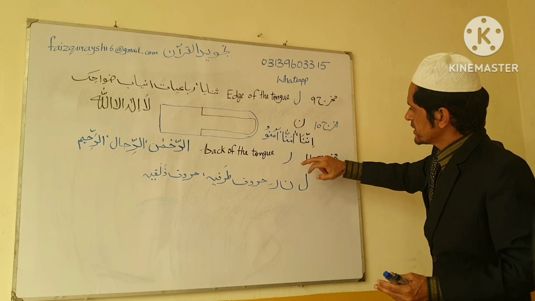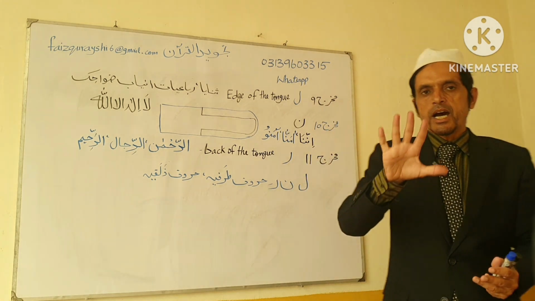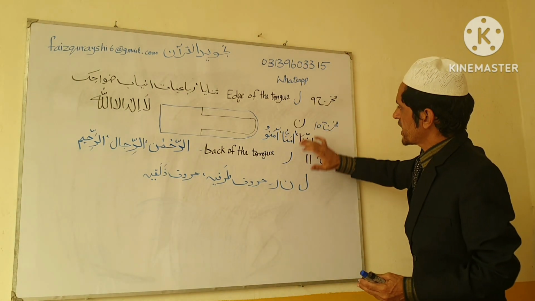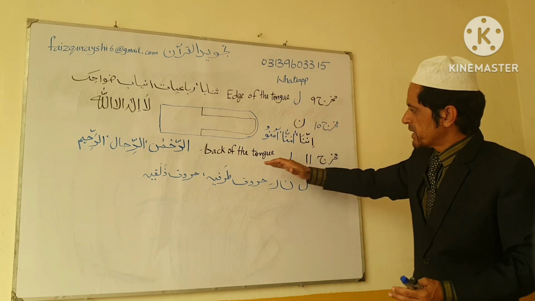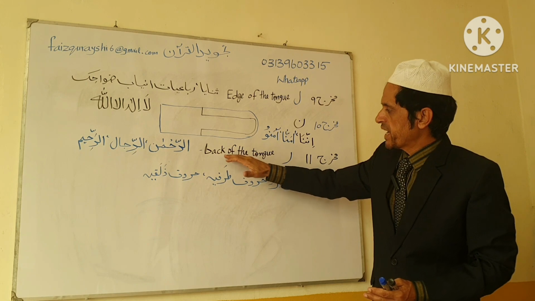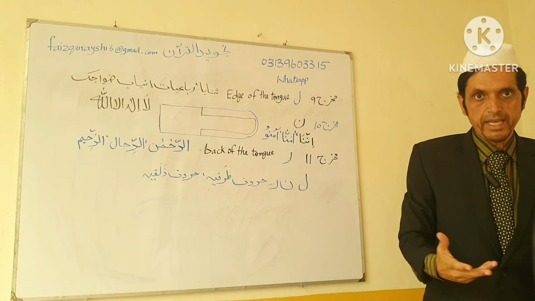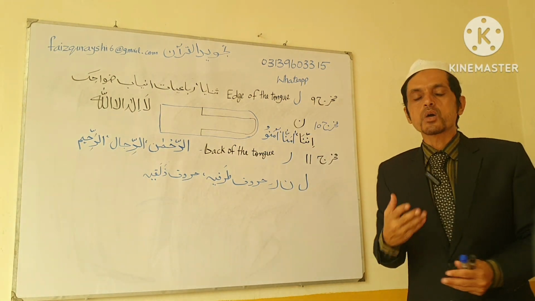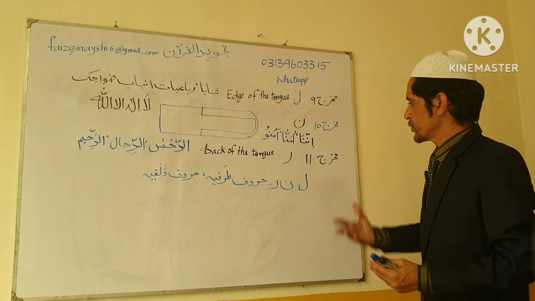Okay, and Ra, the articulation point of Ra is the same as Noon, but in Ra the back of the tongue also plays some role. For example, Ra, Lam, Noon, Ra.